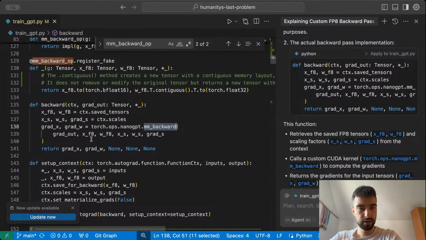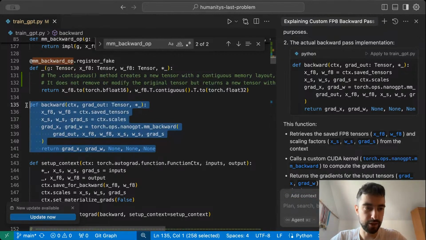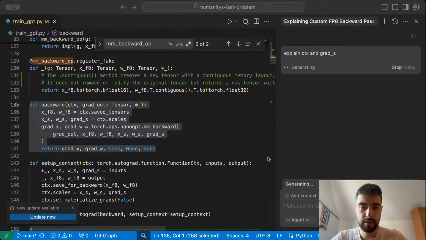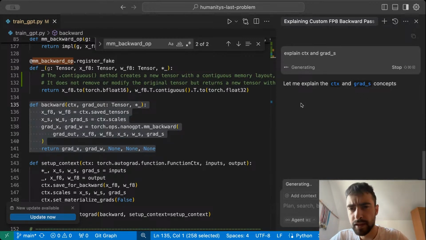Okay. Explain context. Okay, I wanted to explain context, explain CTX and grad scale. Just that. Okay, let's see explanations for both of them.